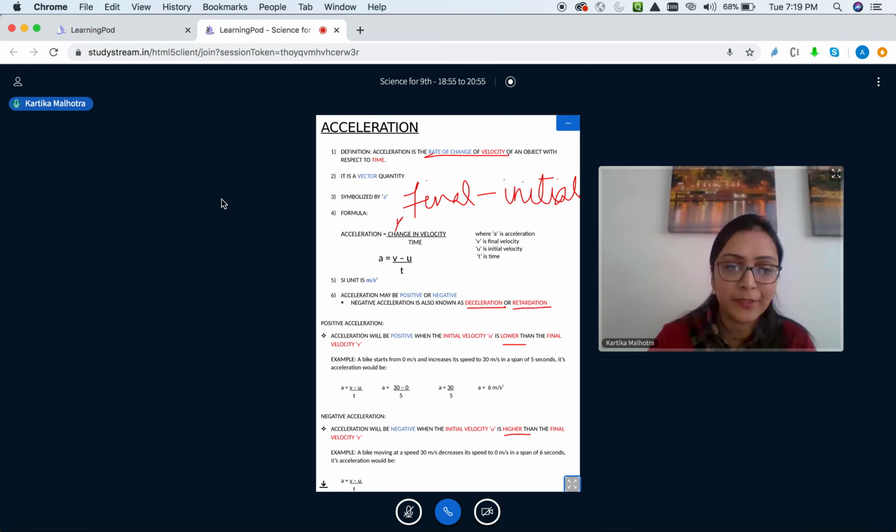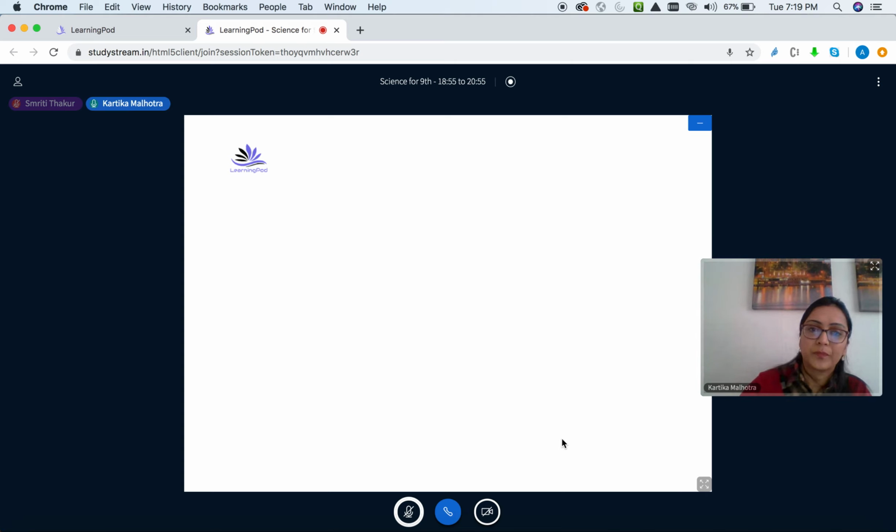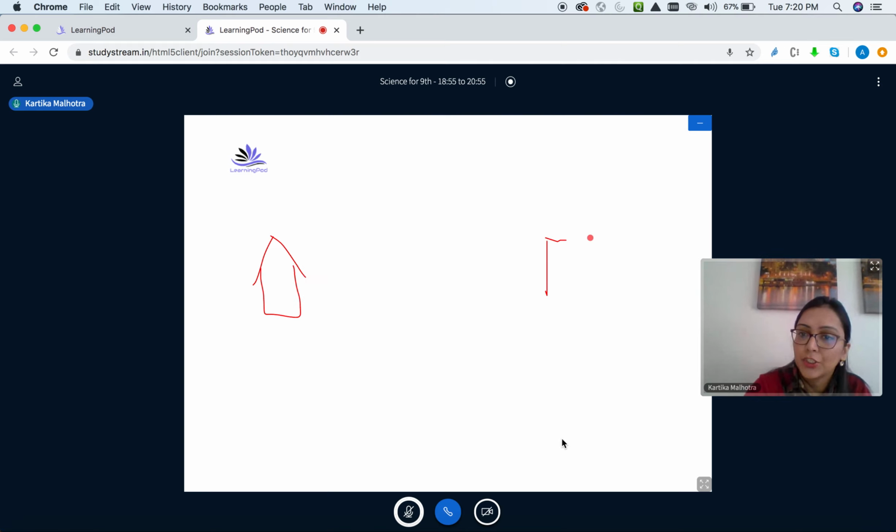Now to understand this better, let's look at an example. Your mother asked you to bring some groceries from the nearby shop, and you decide to take your bike. Currently, your bike is at rest in the parking lot. But slowly, as you drive off, you increase your velocity.